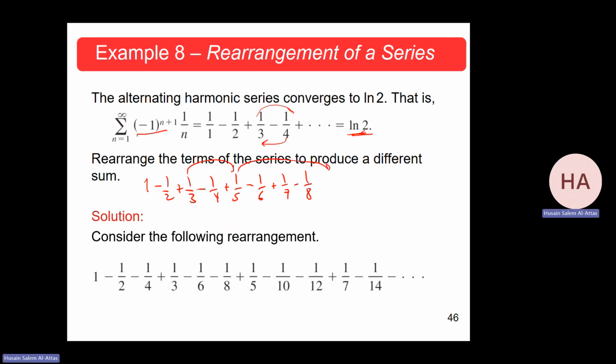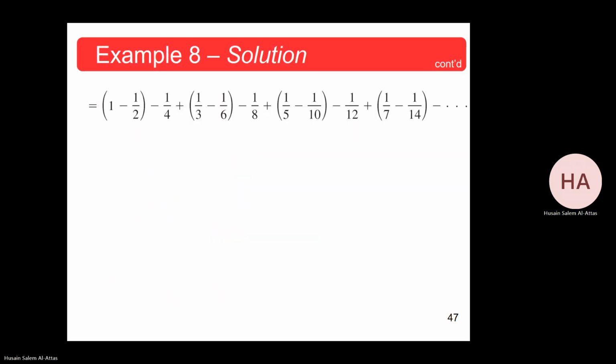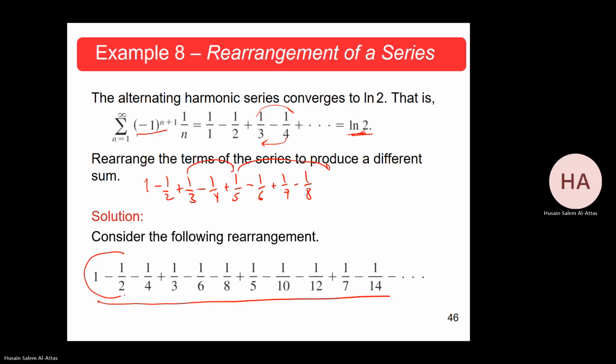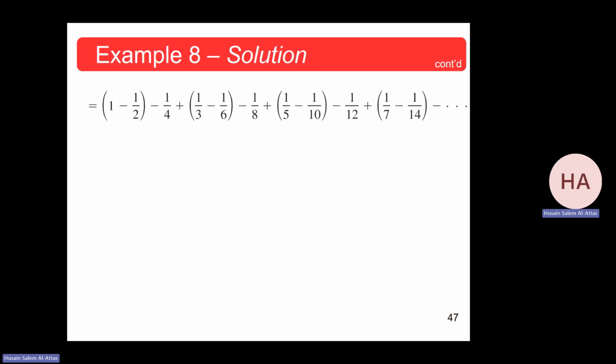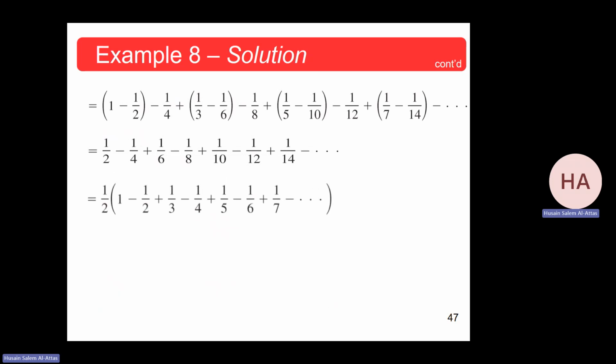I do it, which is the same series but a different arrangement. You notice something. If I continue like that, then I have this, which is half minus 1 over 4 plus 1 over 6 minus 1 over 8. Then I can take half as a common factor. What is this? This is my original series.